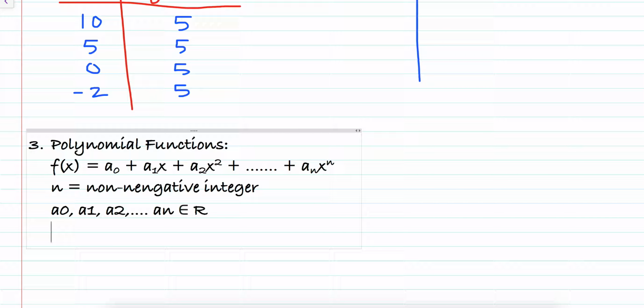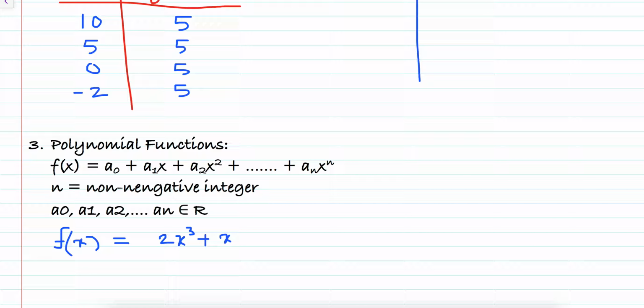So for example, we can take f(x) equal to 2x cube plus x square minus 5.